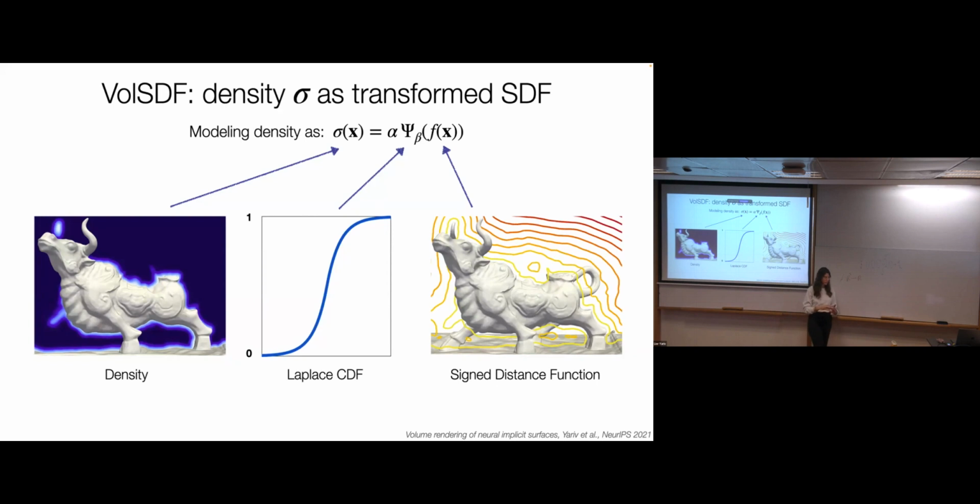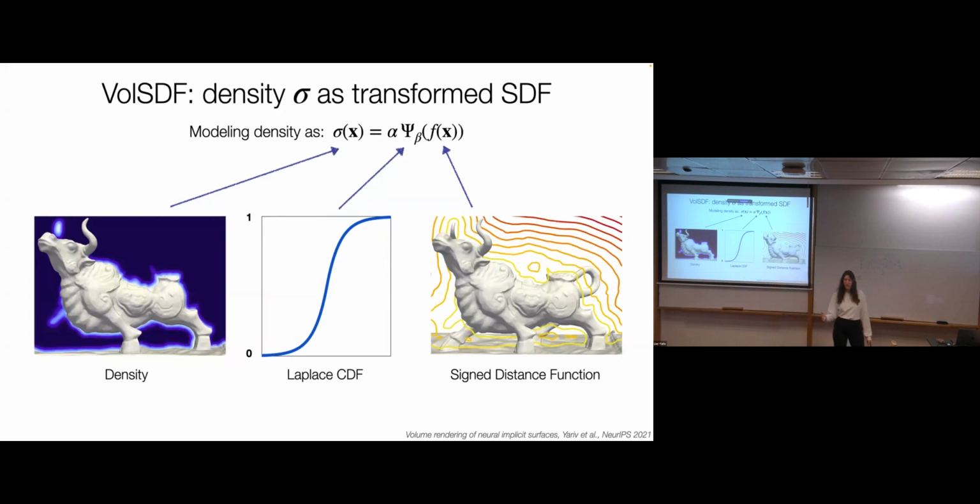If I have a positive distance to the surface, I'm going to have 0 density. When I'm reaching the surface, the density increases, and eventually inside the surface I'm going to indicate 1. And we multiply this indicator function with alpha, so we have alpha density inside.